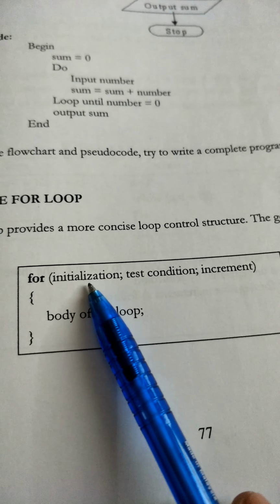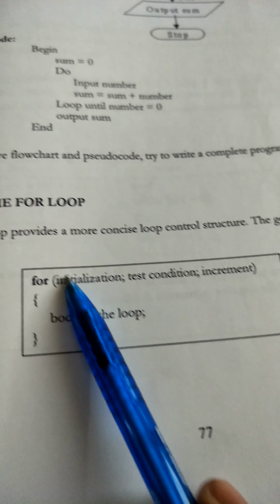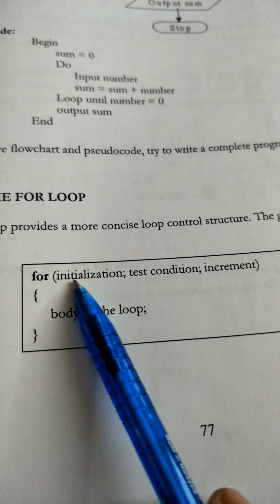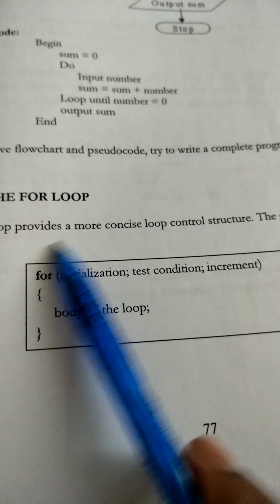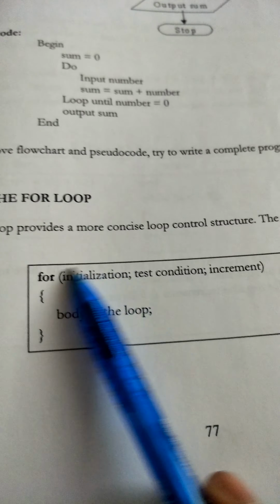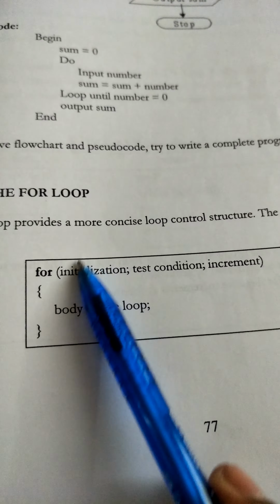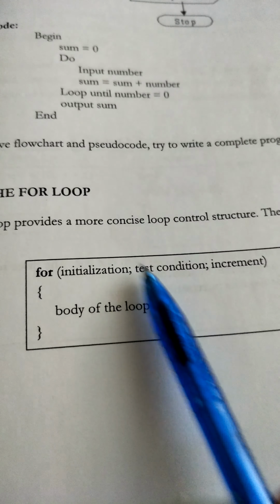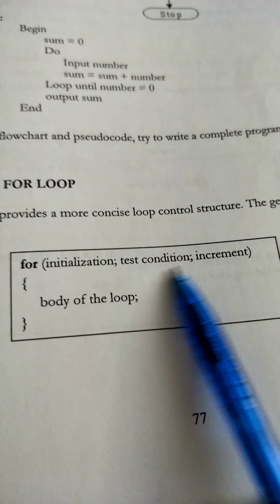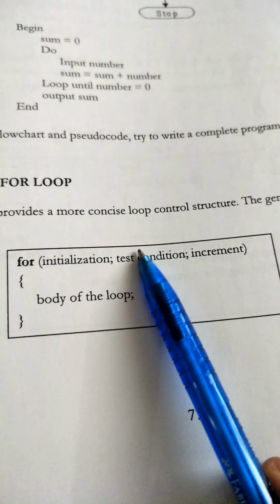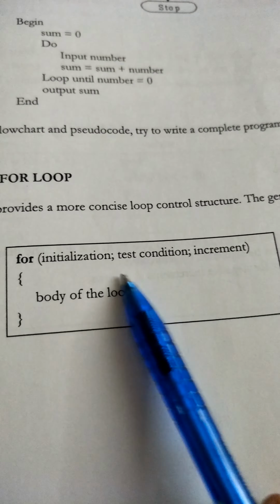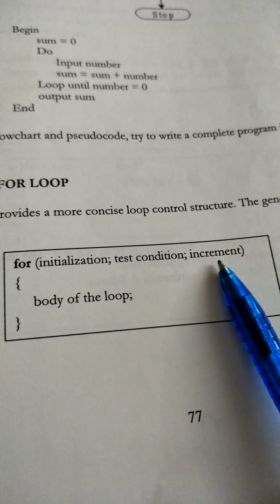Okay, this is the standard form of for loops. We have this variable. We give the initial value to the variable somewhere there, or we can give the initial value here, and then we check for the condition. So here we need to put the condition and then the increment of the variable.